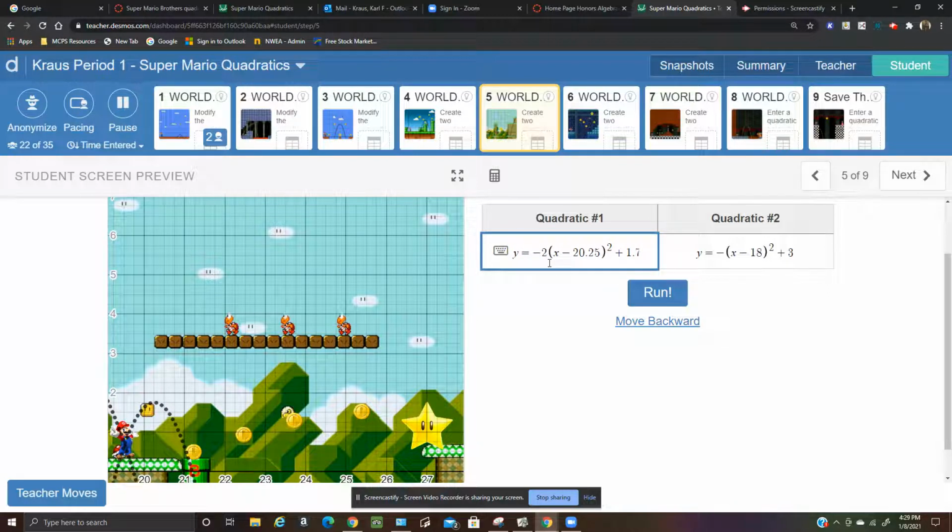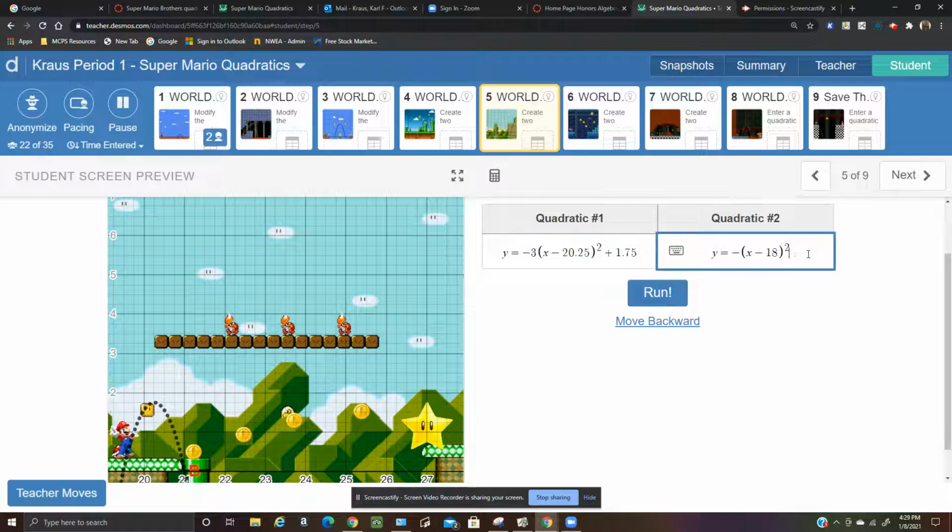There we go. And then making this bridge here. So about 21.5 and 27. I'm going to use the intercept form.